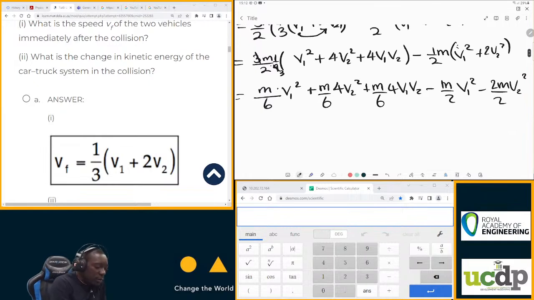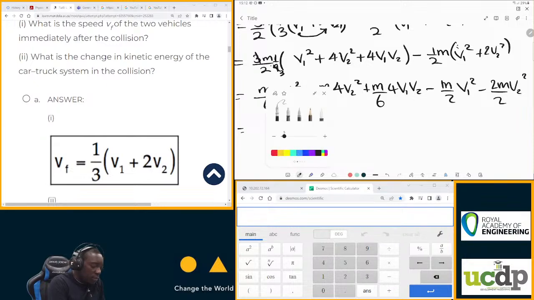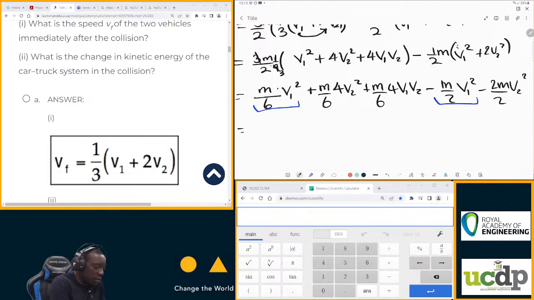So now we simplify for the like terms. We have this part in V1 and that part in V1, so that will give us V1 squared (m over 6 minus m over 2) plus V2 squared (4m over 6 minus 2m over 2).